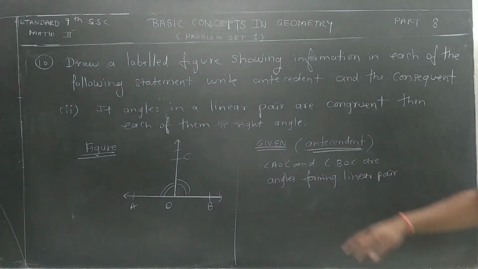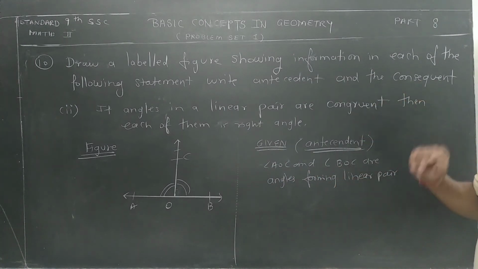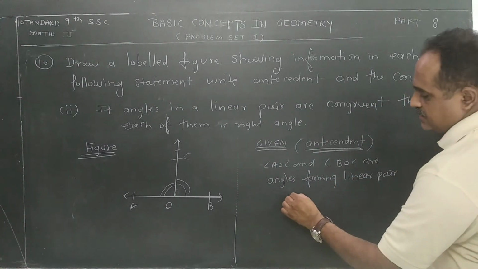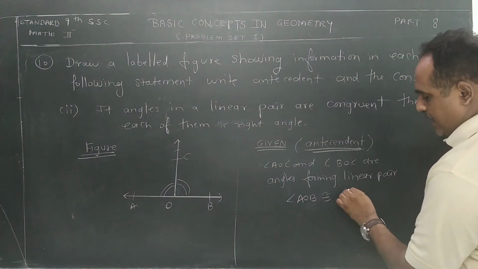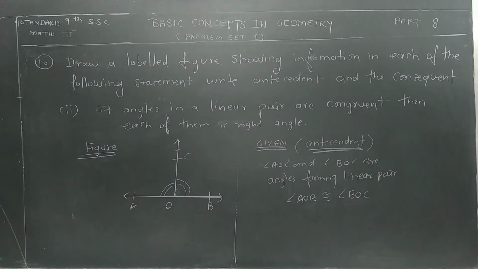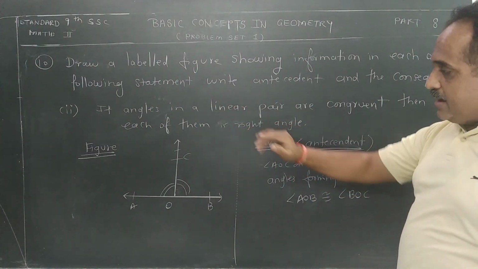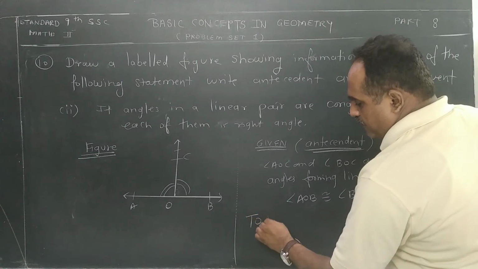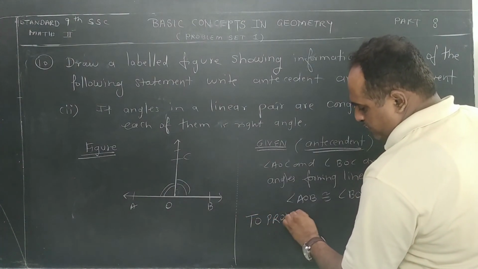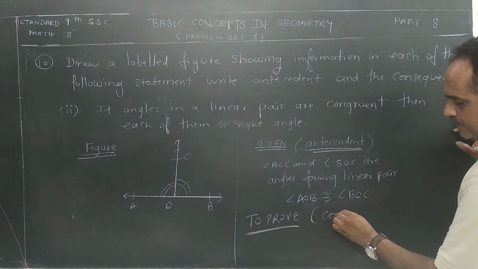Means first of all you have to state angles in a linear pair. The angles forming a linear pair, they are congruent. Congruent means angle AOC is congruent to angle BOC. Is it right? Angles in linear pair are congruent, means they are angles forming a linear pair and they are congruent. And what do I have to prove? That is called what? Consequent.